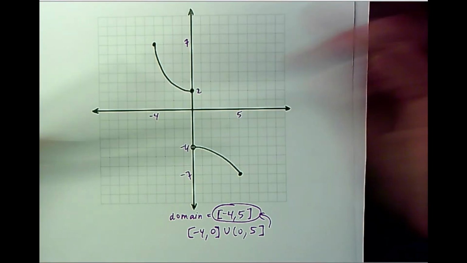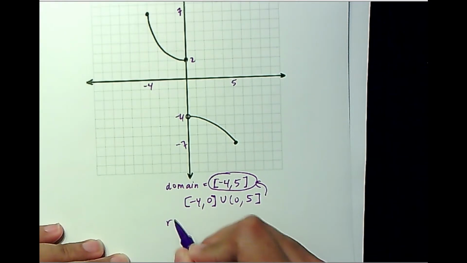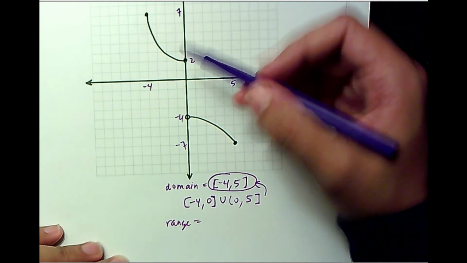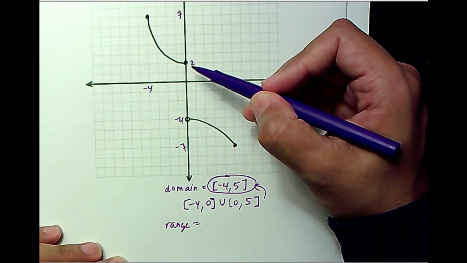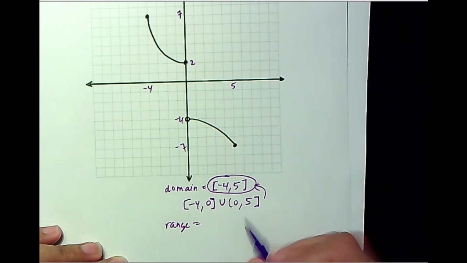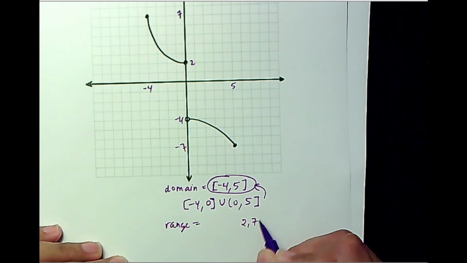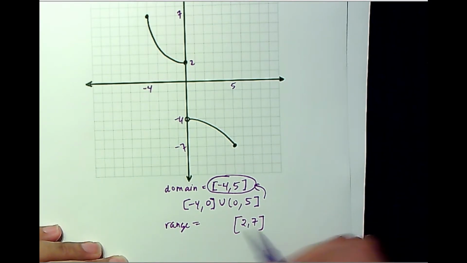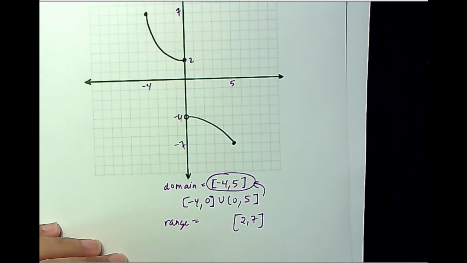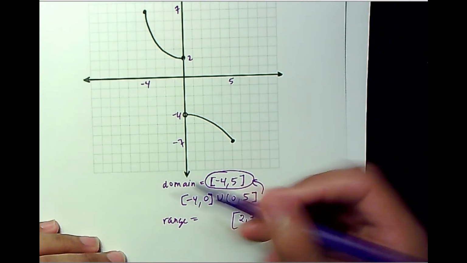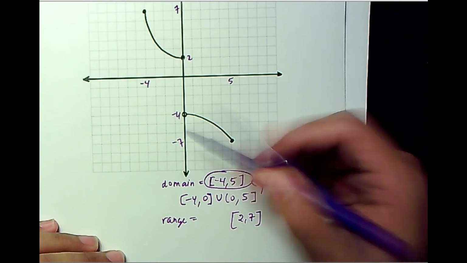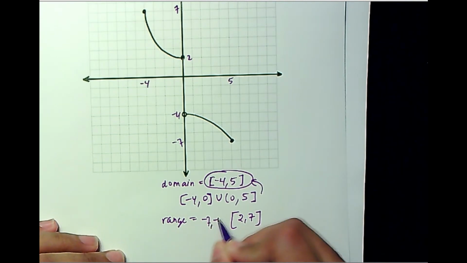So when you write the range of the graph, you're doing it in two pieces. You say from 2 to 7, and I'm writing that on the right because we usually write negative numbers on the left. And then from -7 to -4.